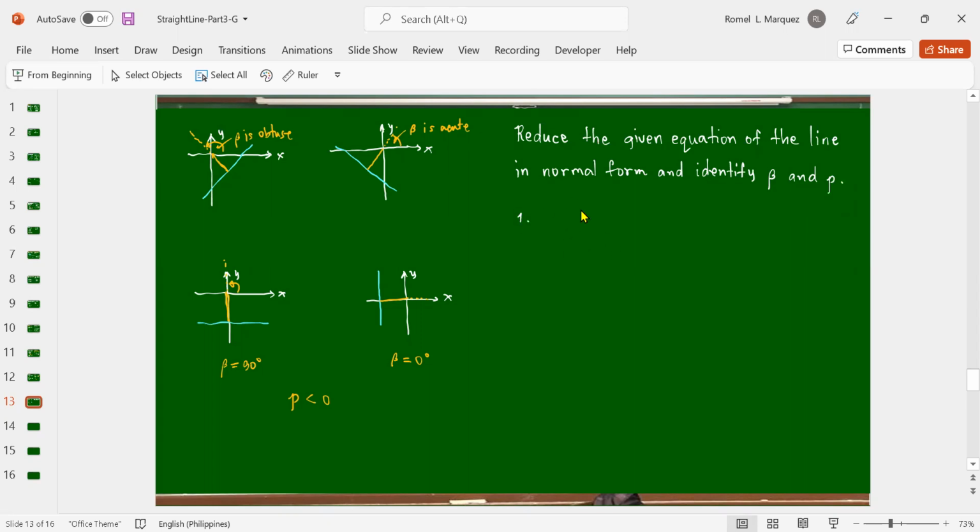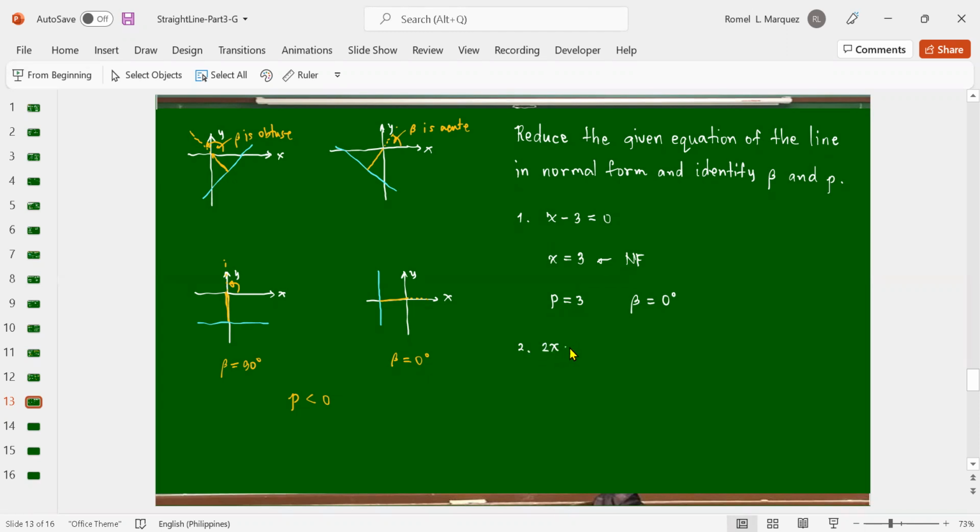Number 1. If I have x minus 3 equal to 0, there is no y. So all you have to do is to solve for x. So that's already the P, this 3. This is already in normal form. Okay, guys? So P here is equal to 3. Since this is vertical, our beta is supposed to be 0. If vertical, beta is 0 degree.